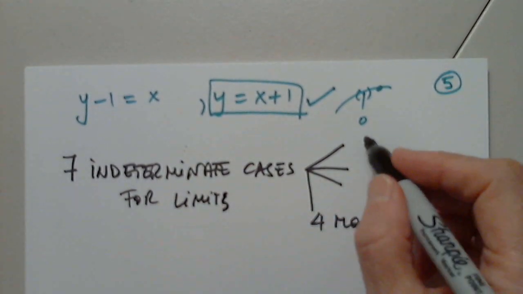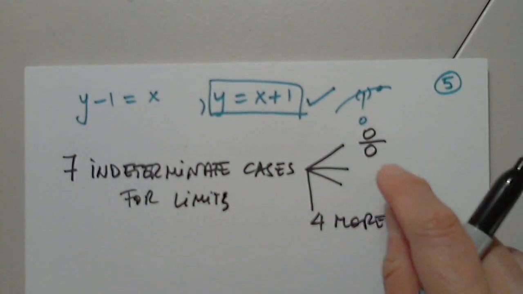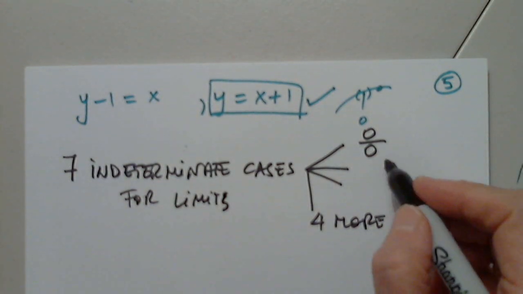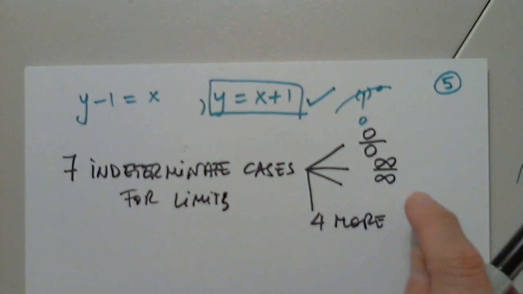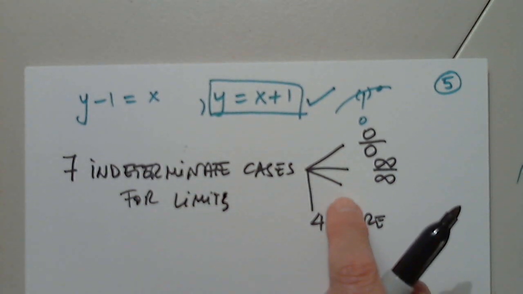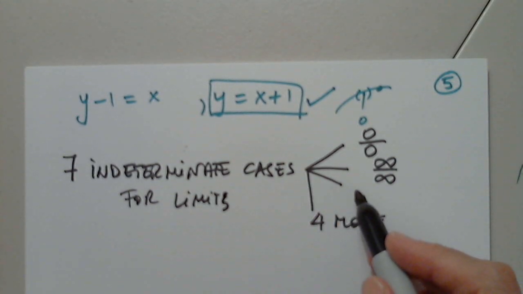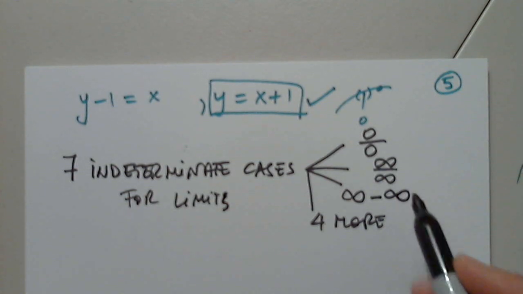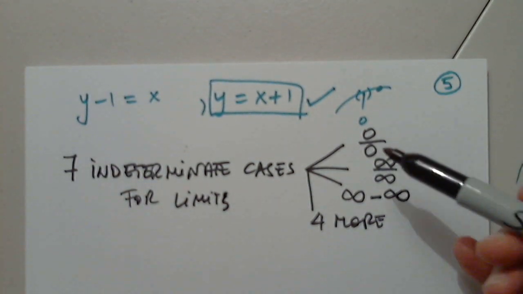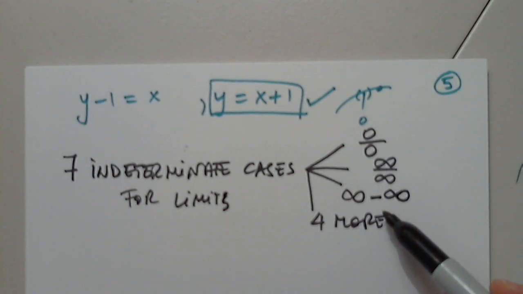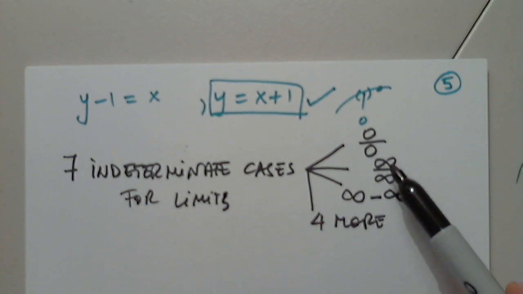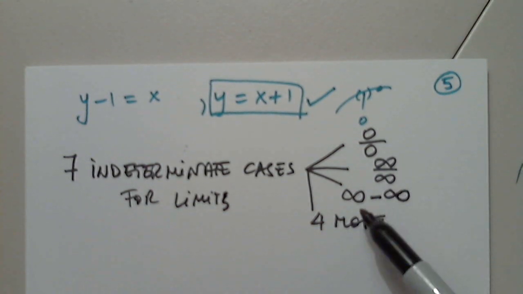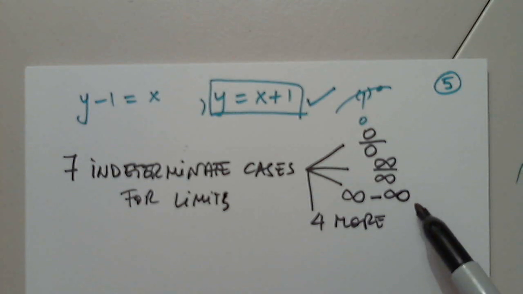It will be 0 over 0, was the first one we discussed. Very good. Infinity over infinity, that was the second one. And what was the third one? Wasn't it when one side didn't match the other? So these are the 3 indeterminate cases that we looked at: 0 over 0, infinity over infinity, and infinity minus infinity.